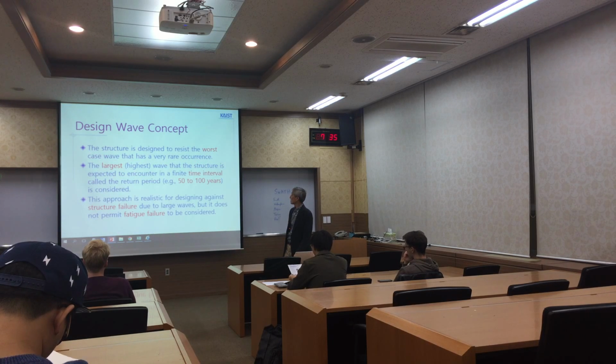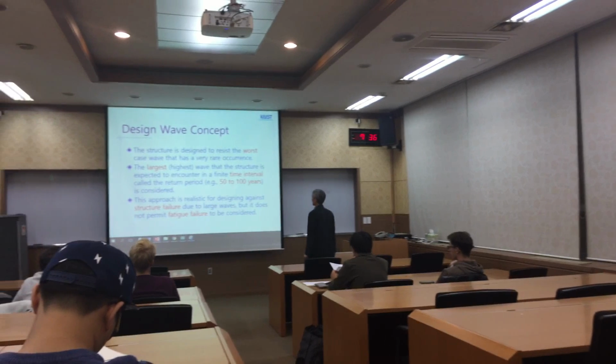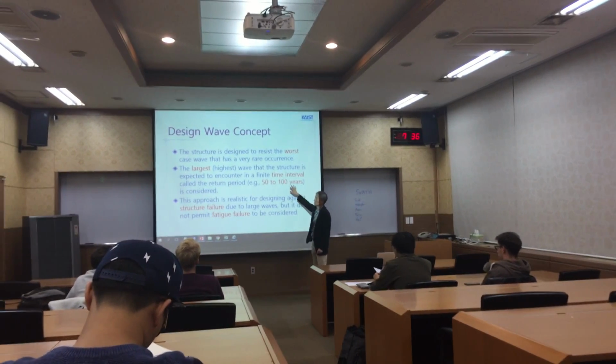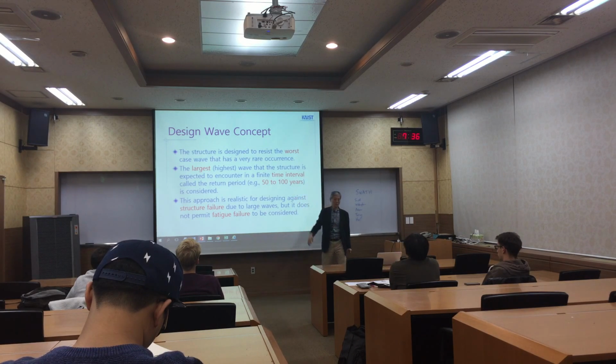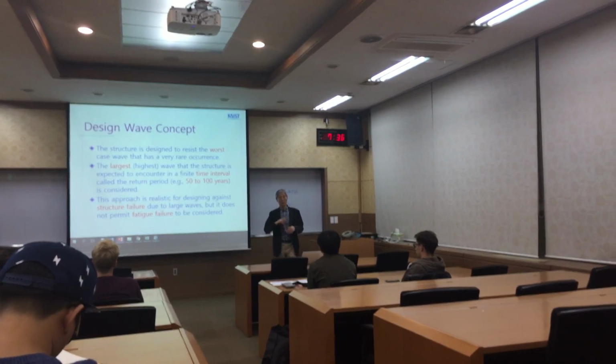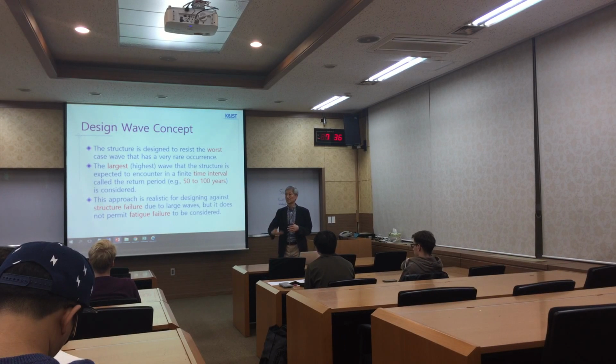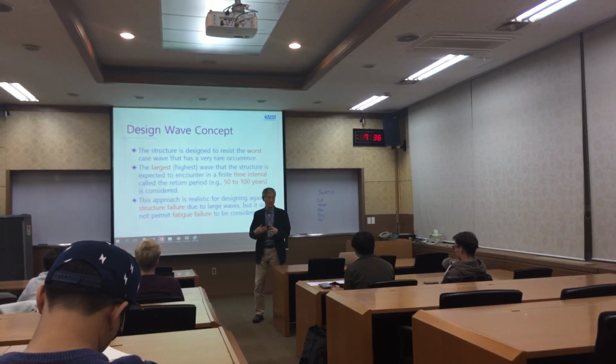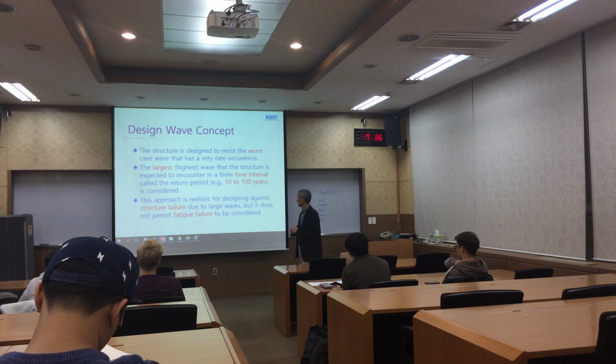Design wave concept. In old days, we had worst case designs: the largest wave coming during, say, 100 years. It can be very big; we call this the worst case scenario. Nowadays, they have changed to more stochastic ones, so the probability of failure can be less than 0.01% or so.